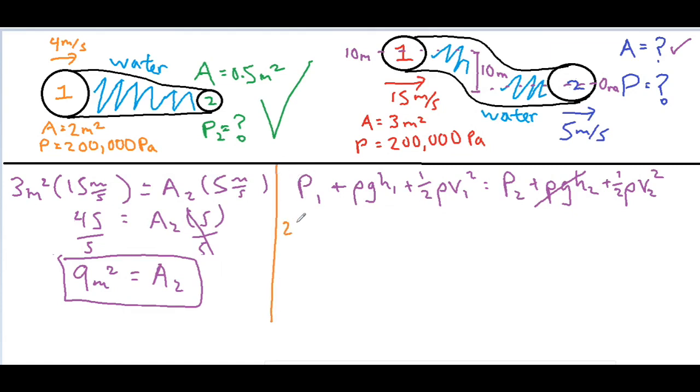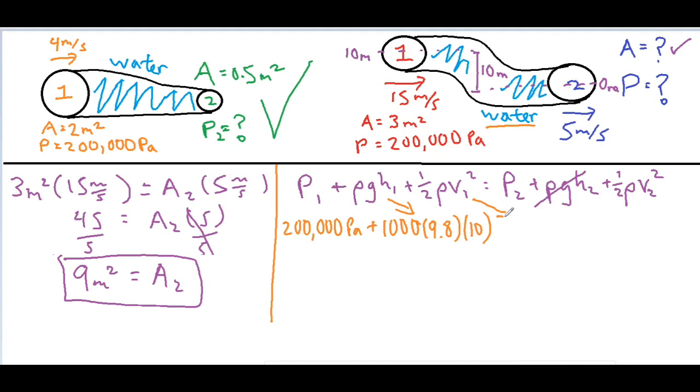We have a P1 of 200,000 pascals plus rho GH. Rho is 1,000 because we're dealing with water. So it's the constant of 1,000 kilograms over meters cubed times our constant of G, which is always 9.8, and our H1 we just said is 10. Okay, so that's that.